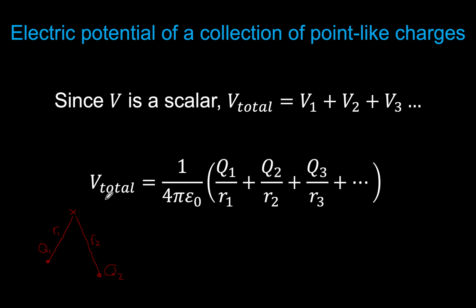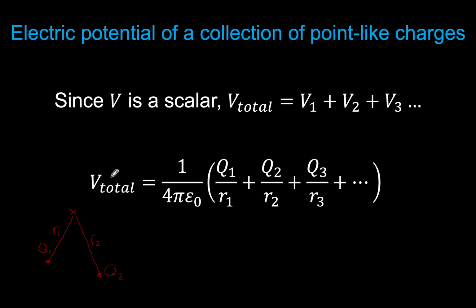So notice here that to find the total electric potential, there's no distance between these two charges. That's not part of our equation here. This R1 is the distance between the location at which we're calculating the total electric potential and the first charge, and likewise for R2. These are just the positive distances between our location and our charges.